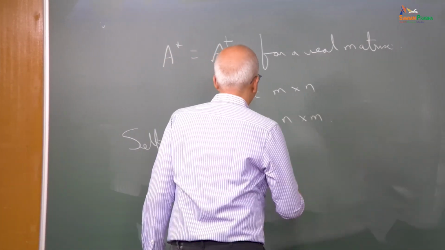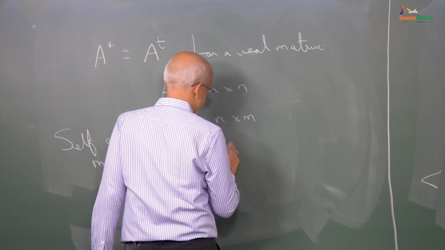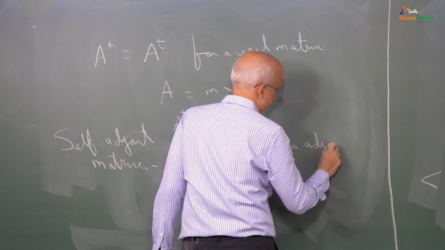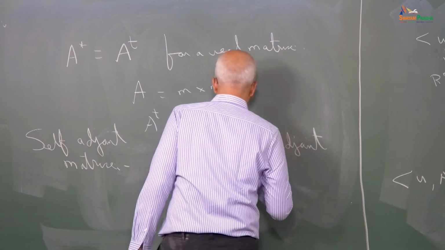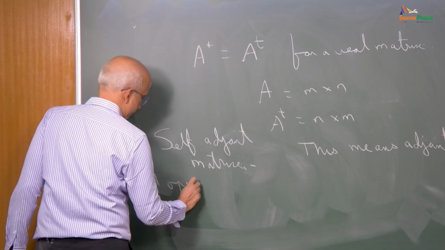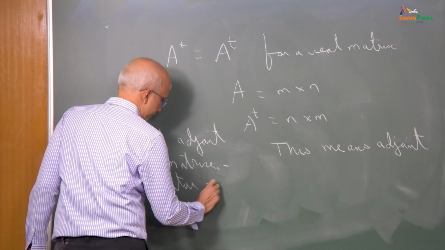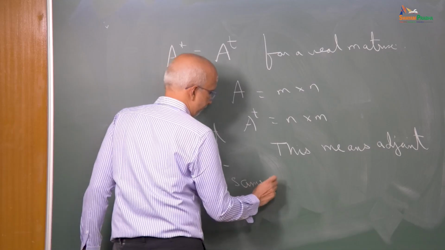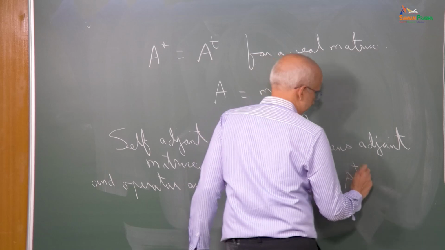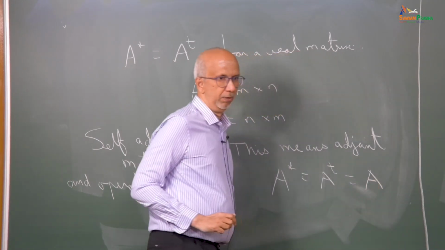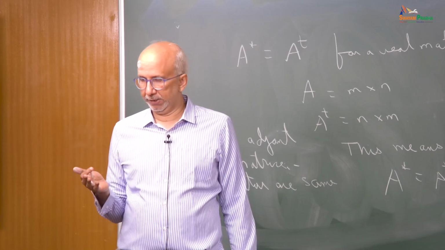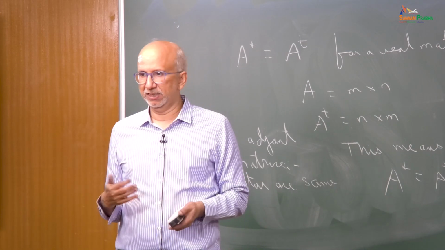This means A star, which is equal to A transpose, is equal to A, which means A is equal to A transpose, or it is a real symmetric matrix.